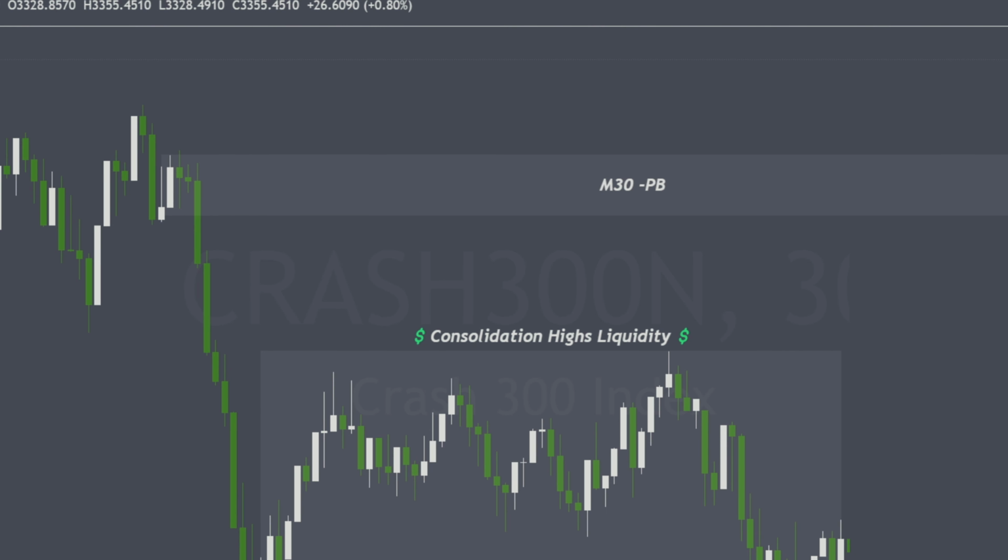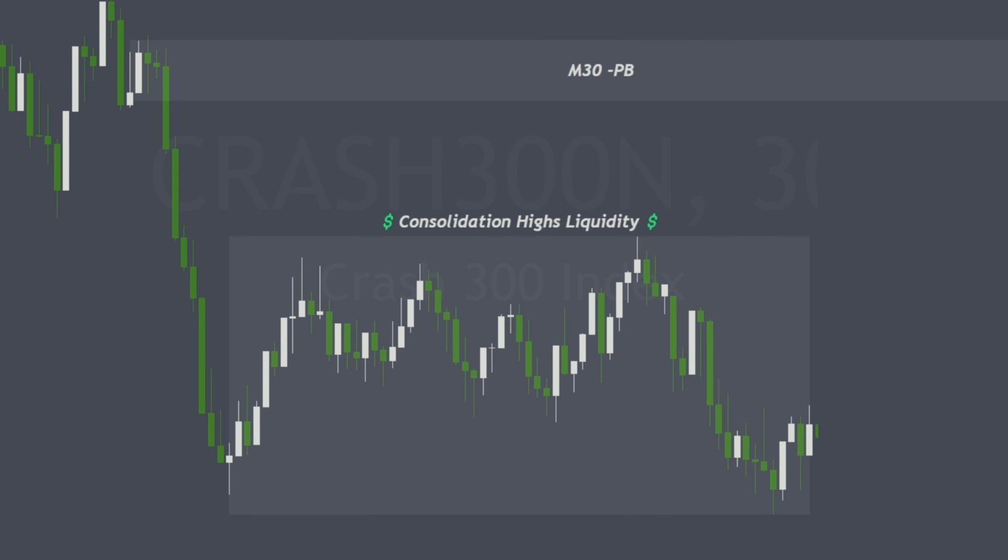When we talk about propulsion blocks, the definition is the last candle after price tests an order block, the last up close candle that price had used to test an order block. So we wanted to see if they're going to break this consolidation and then reach into that propulsion block.